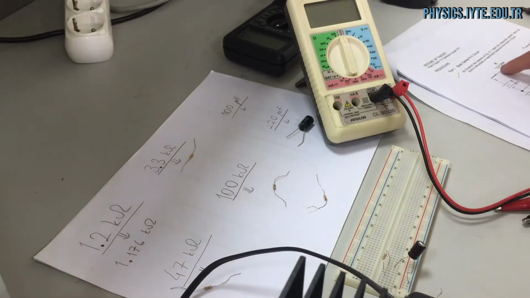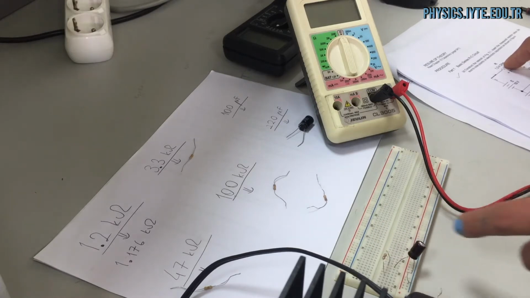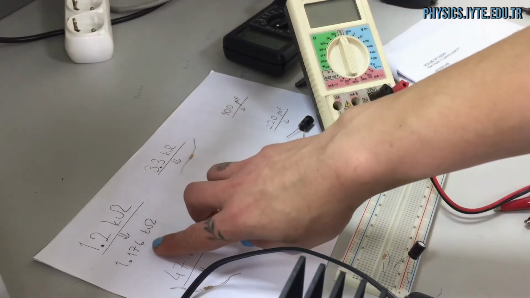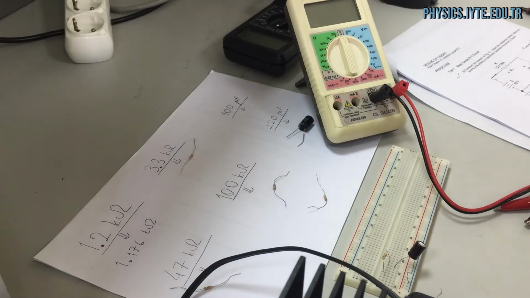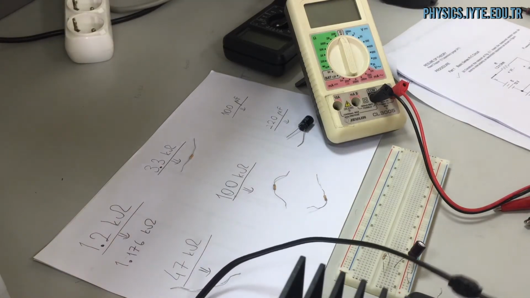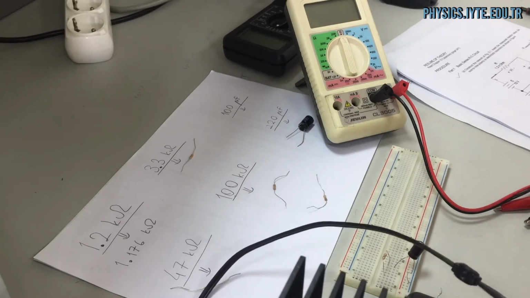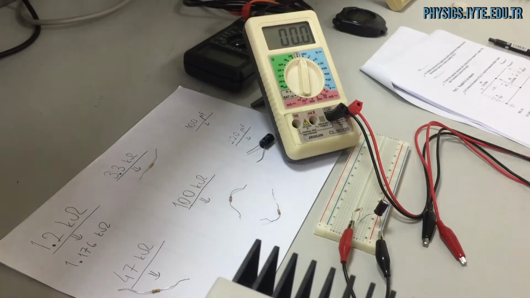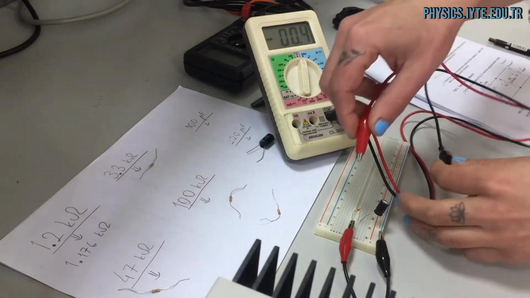A resistor which has a nameplate value of 1.2 kilo ohm is inserted in the circuit, but before that the actual value of the resistor is measured and noted as 1.176 kilo ohms. So we will connect the power supply to the circuit, and in part C, the voltage across the resistor will be measured.